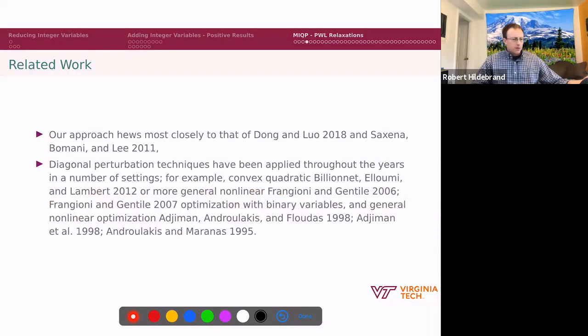There's a handful of literature I should probably tell you about. We're going to focus on a paper by Dong and Luo that kind of inspired this idea. And then there's other literature on doing these diagonal perturbations, in terms of what are better ways to do these diagonal perturbations, and some estimates on these things.